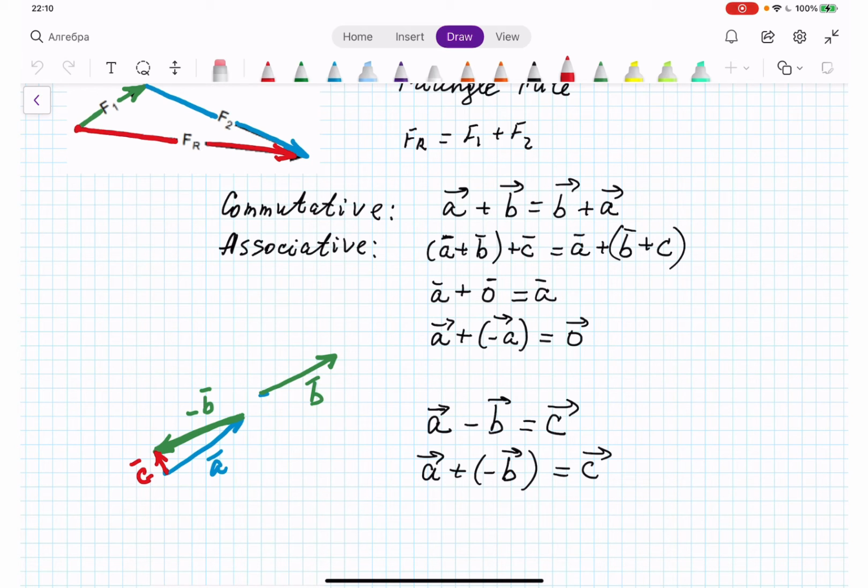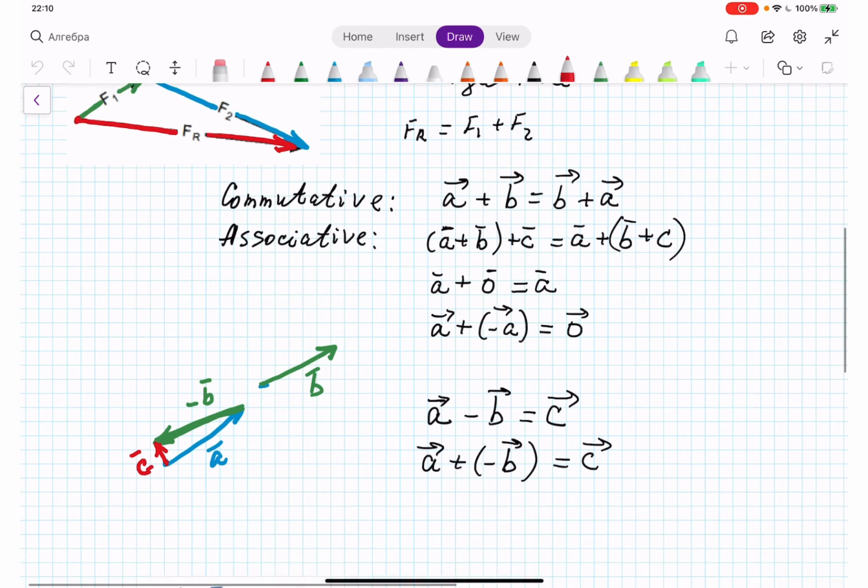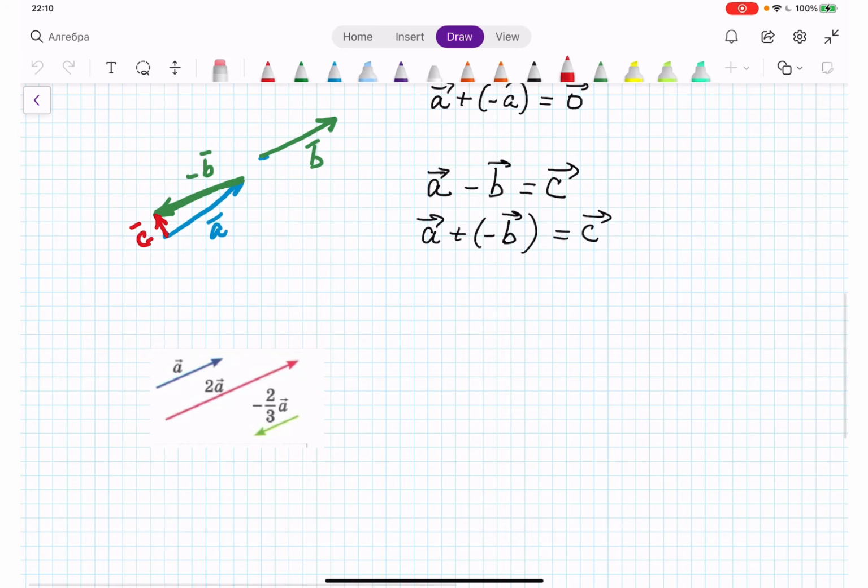Okay. Now let's see how we're going to multiply a vector by a scalar value. If we want to multiply vector A by the scalar value lambda, let's say lambda times vector A is equal to vector B, right?